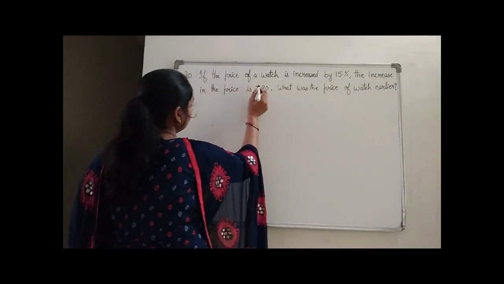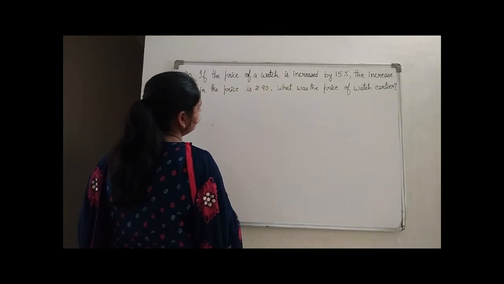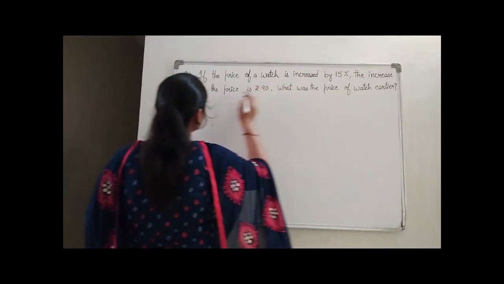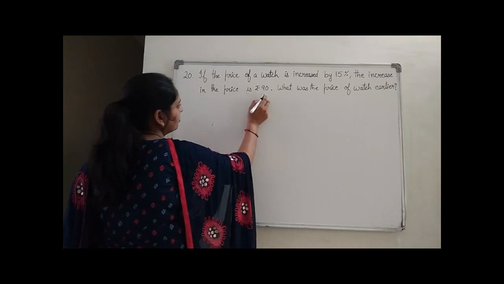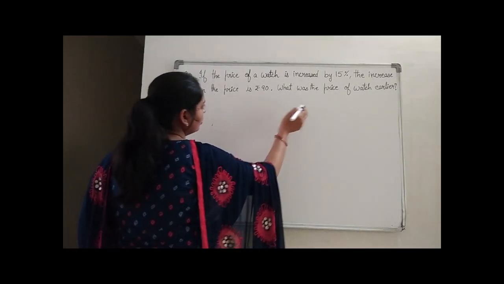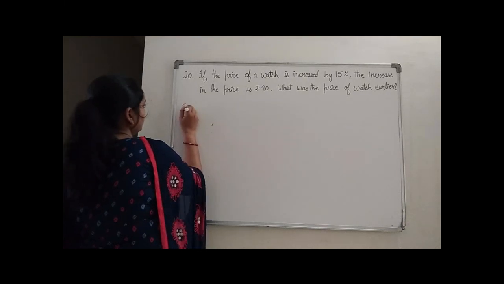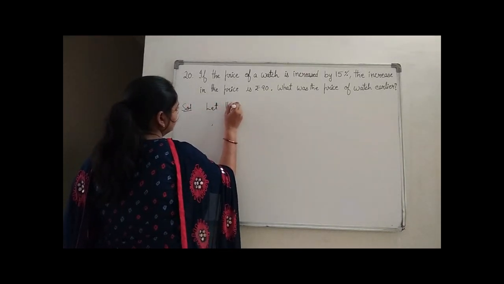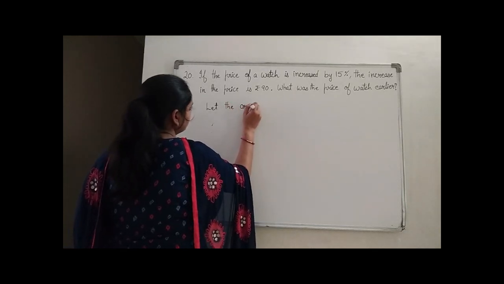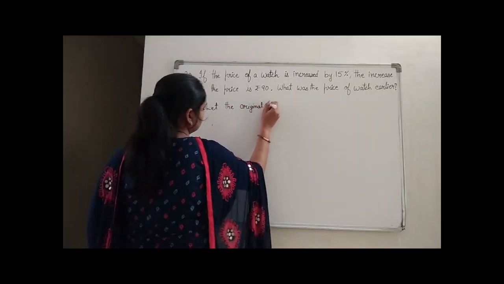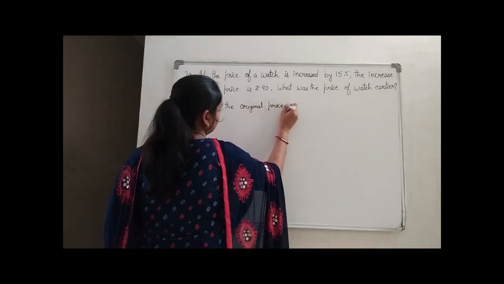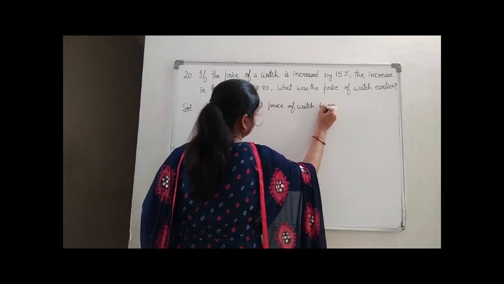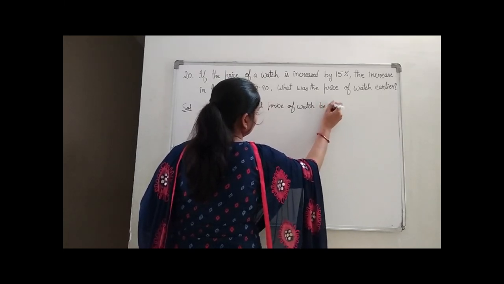Now see the 28th question. If the price of a watch is increased by 15%, the increase in the price is rupees 90. What was the price of watch earlier? So let us suppose, let the original price of watch be rupees x.